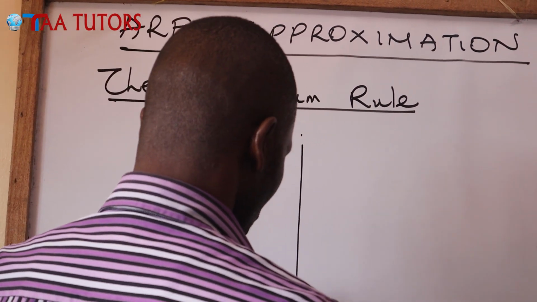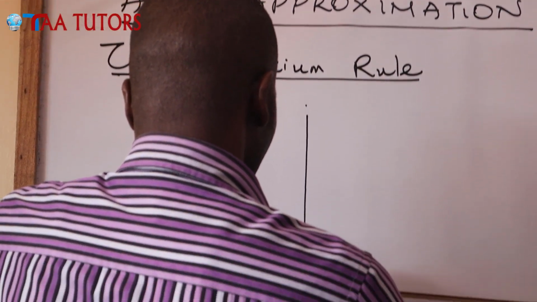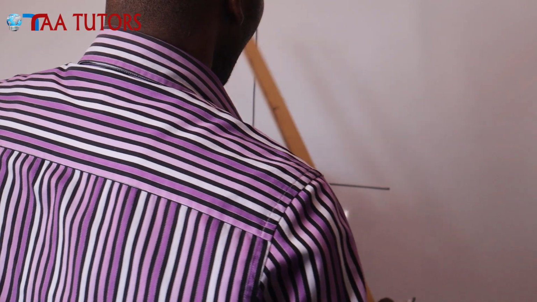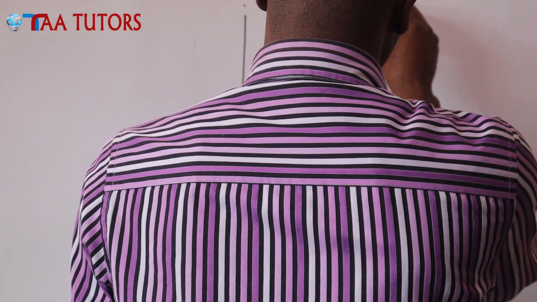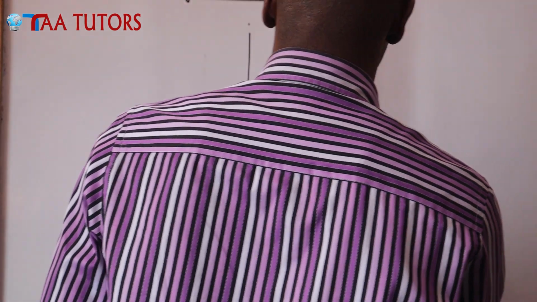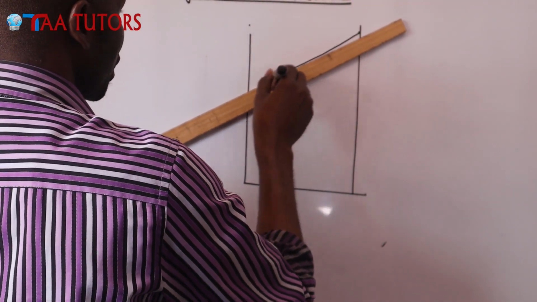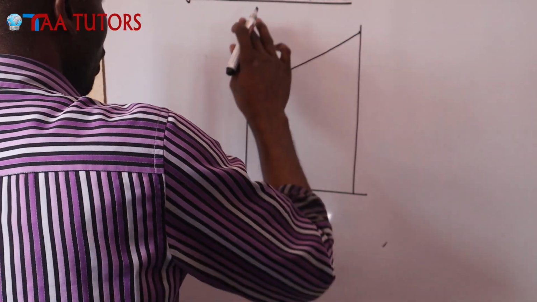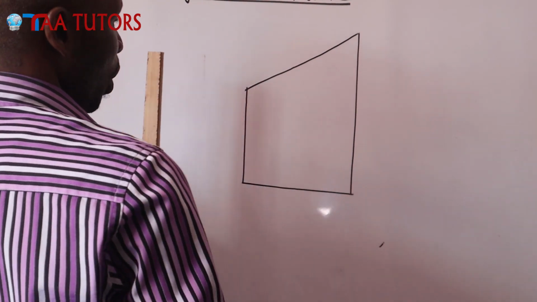That is what we refer to as a trapezium. So if I sketch a trapezium here, the name trapezium rule comes from the shape you already know. I believe you have done these shapes in Form 2 mathematics class. If I draw a shape like this one here, it is a trapezium.